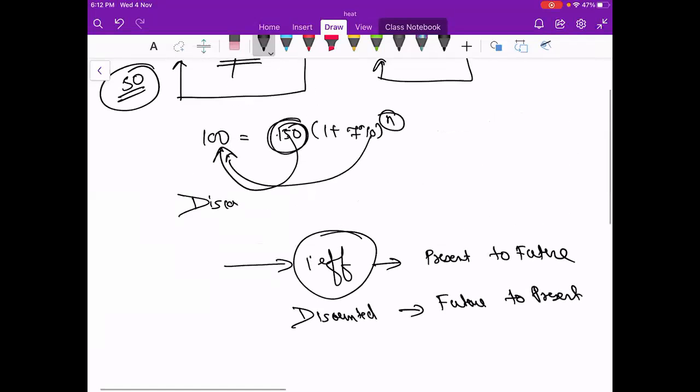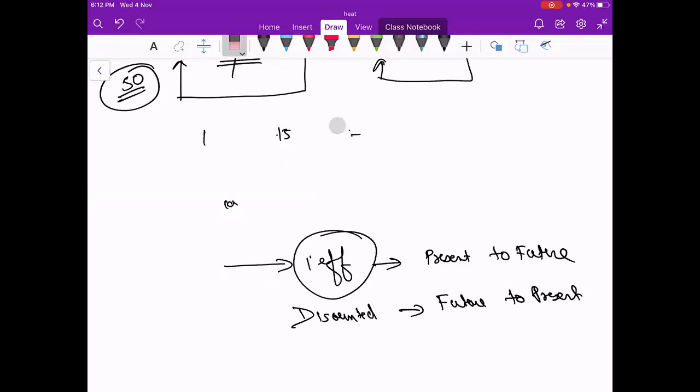So here 100 equals 150 divided by this factor. When you divide this 150 rupees by this, this is the future, and this is the way you will solve it. So this is the meaning of discounted cash flow. Here the future value is 150, so what will be its present value? This is the discounted interest.